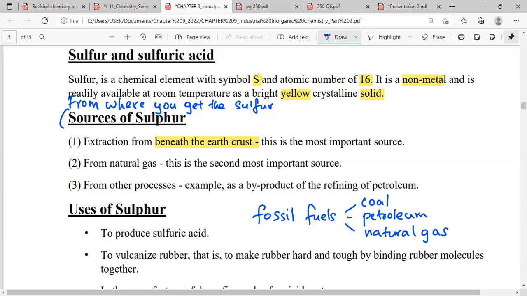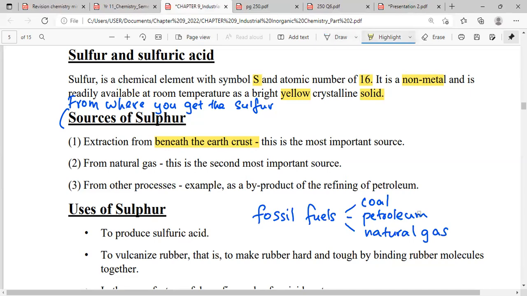So what happens is the sulfur gets attached to these fossil fuels. For example, when you take petroleum, before it is sold to people, it will be purified, it will be refined. During the process of refining, the sulfur will be separated. So these are other sources of sulfur.